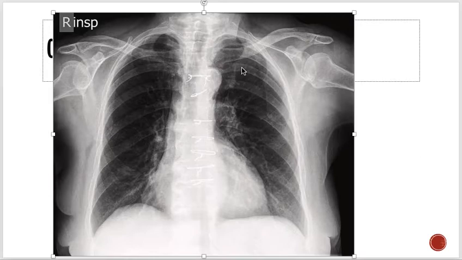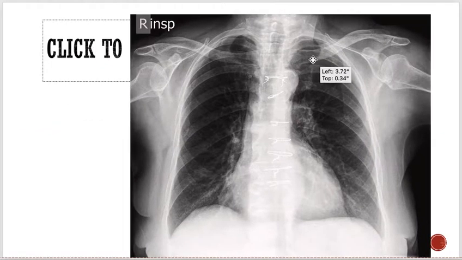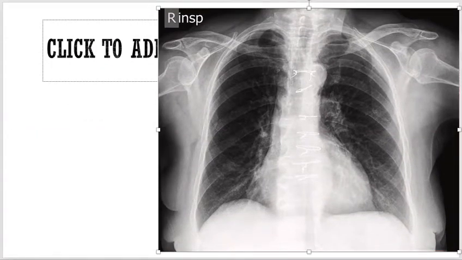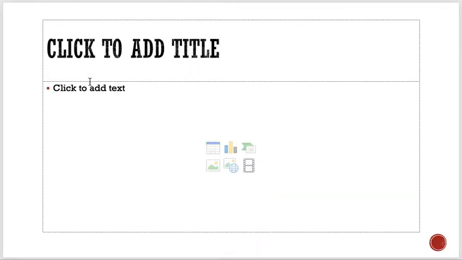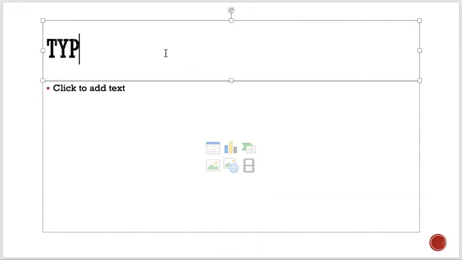Now one thing is projection. What are the types of projection of X-ray?